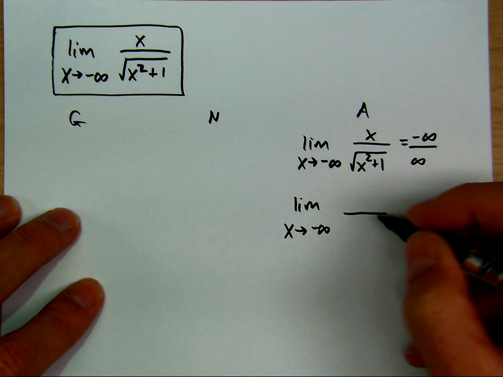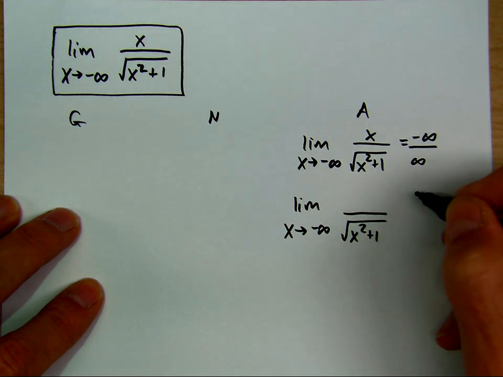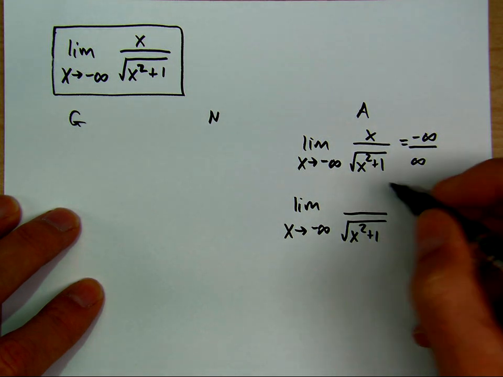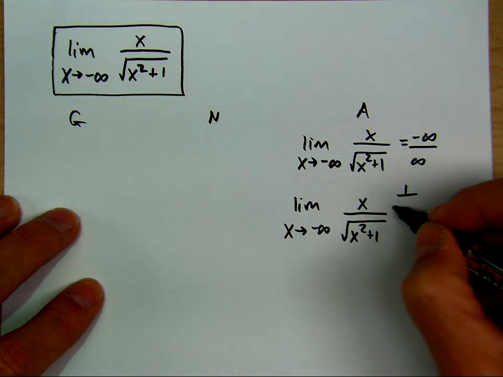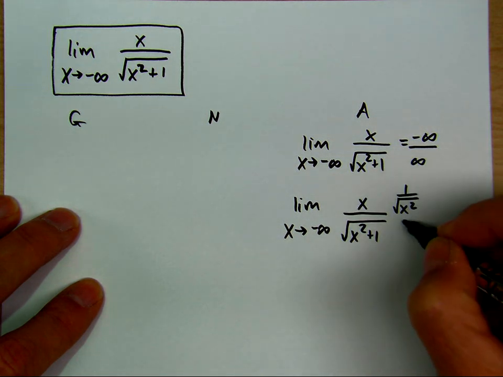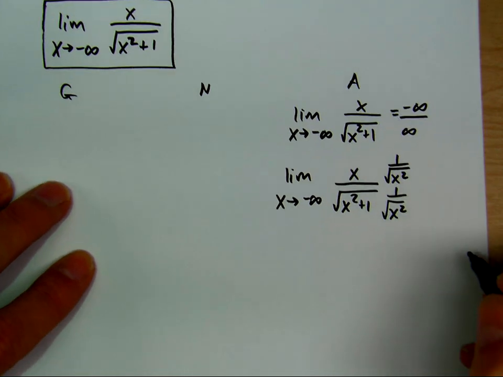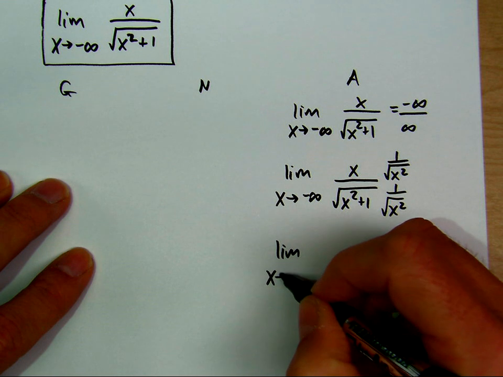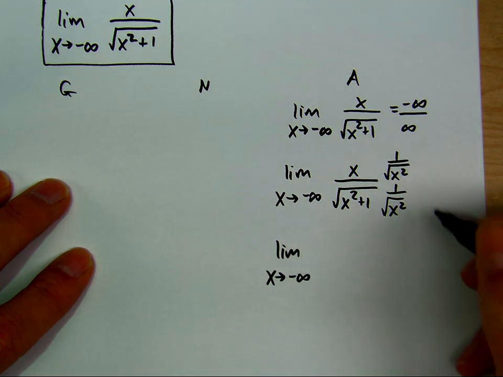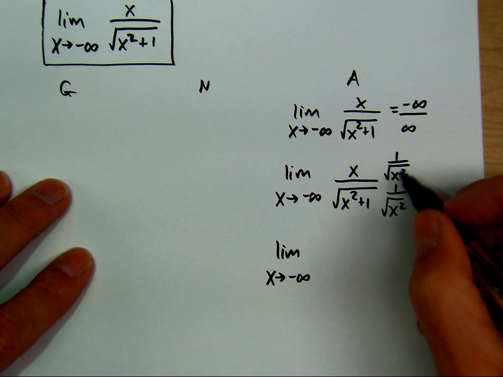So if we just divide everything by the square root of x squared, we can write this, so we're going to have x divided by that.